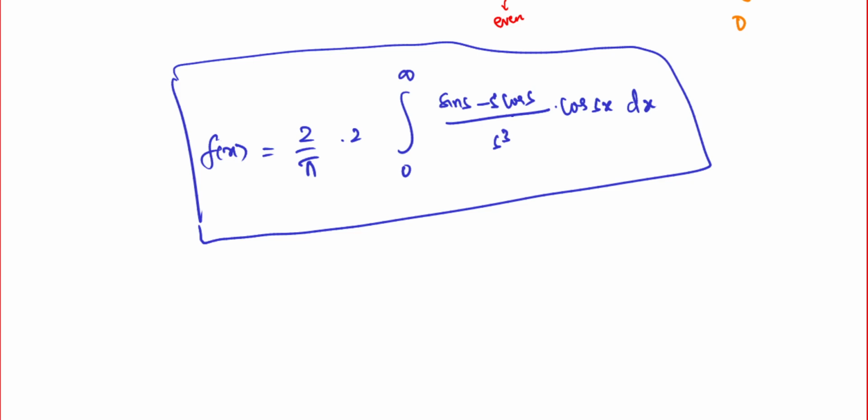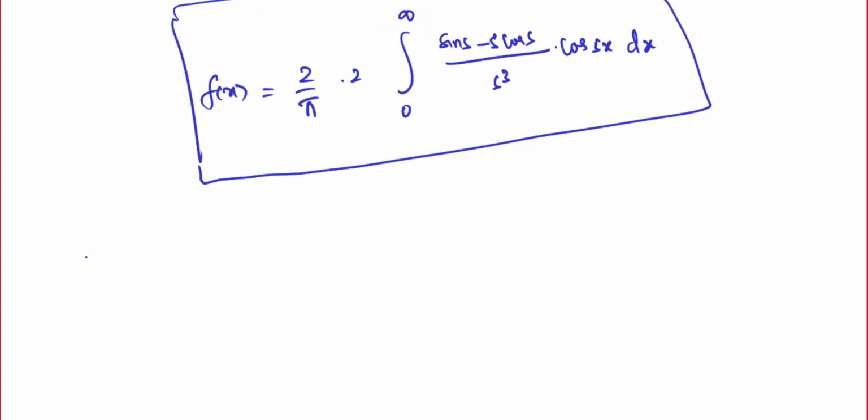So let's take a particular x value so that it will give us the value of the function. I know that this integral is valid for every x, so x equal to 1 by 2 is also valid. So let x equal to 1 by 2.